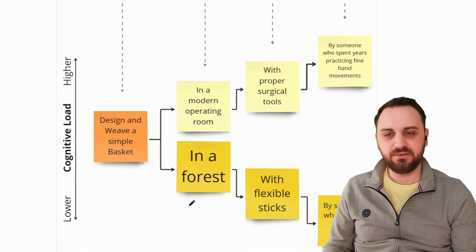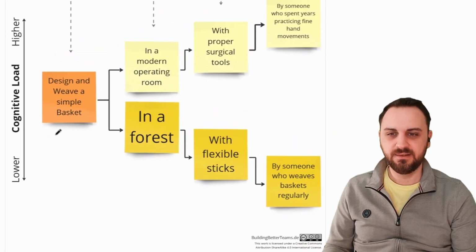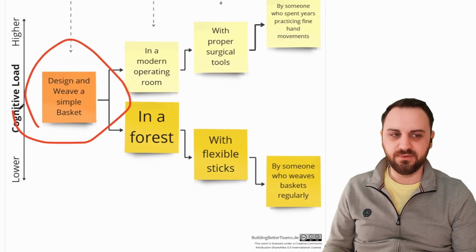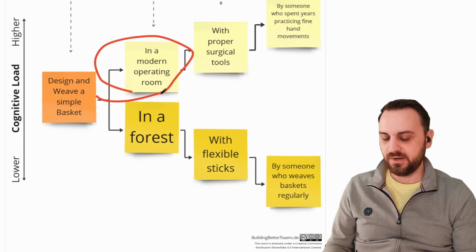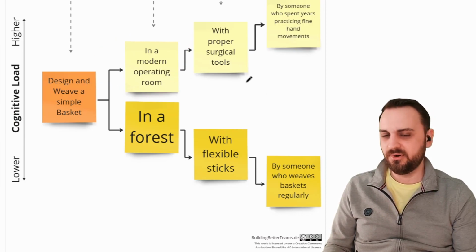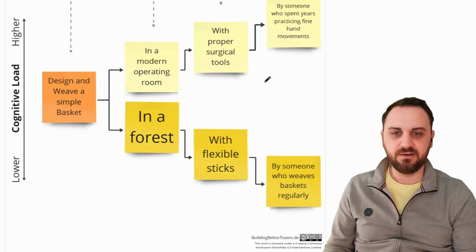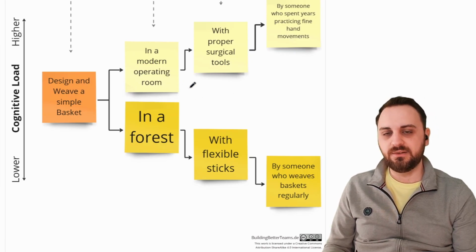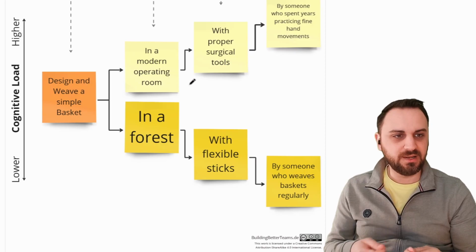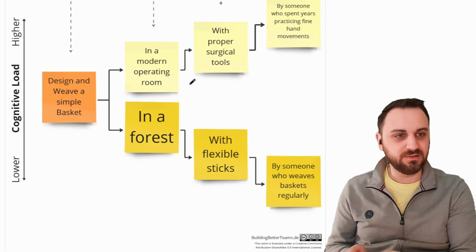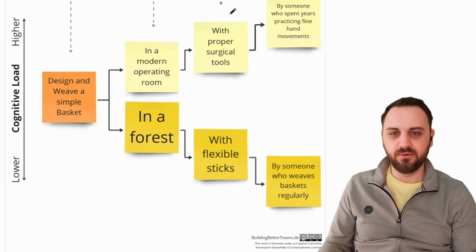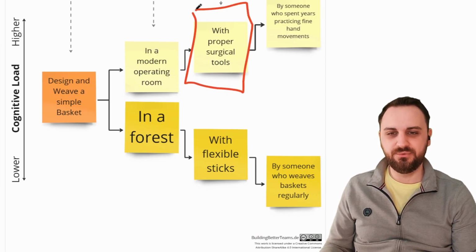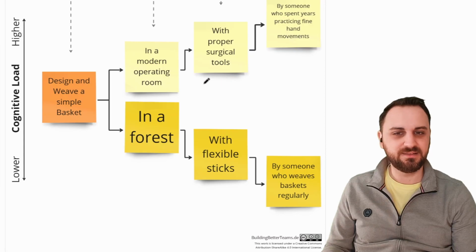So if we look down here and say, okay, my task is to design and weave a simple basket. And if I did that in a modern operating room, run the way a modern operating room is, with the sanitary conditions and the protocols and the check-in, check-out procedures to make sure you didn't leave a scalpel inside of a body, where everything's barcoded, with proper surgical tools to weave a basket, this would be so complicated to do, right?